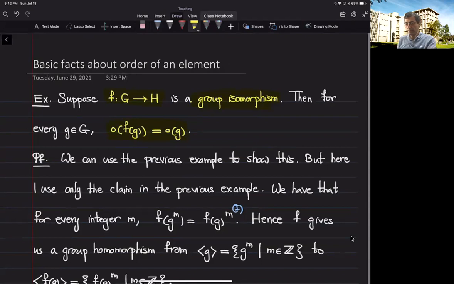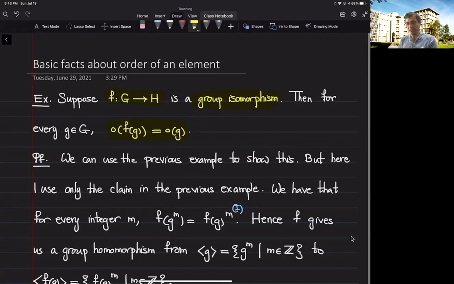For finite order, we can use the previous example and the fact that f inverse is also a group homomorphism, and deduce that the order of g divides the order of f of g and vice versa. Therefore, they are equal. Now here I'm going to give you an alternative method that works for elements that have infinite order as well.